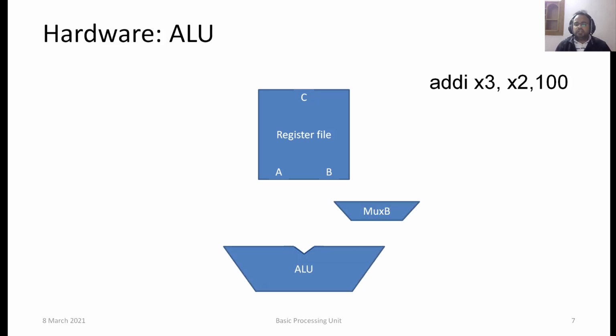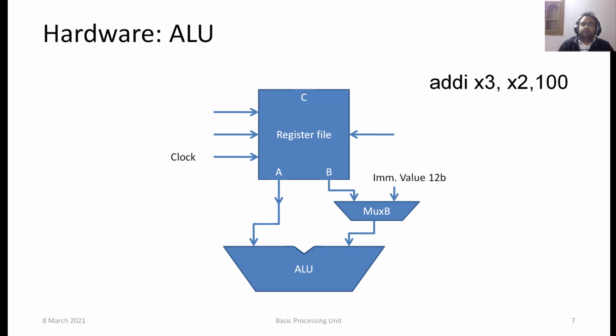Now we are introducing a new mux, namely mux B. So for this mux B, one of the inputs would be the value of register B, meaning RS2 itself, and the other input would be the 12-bit immediate value.